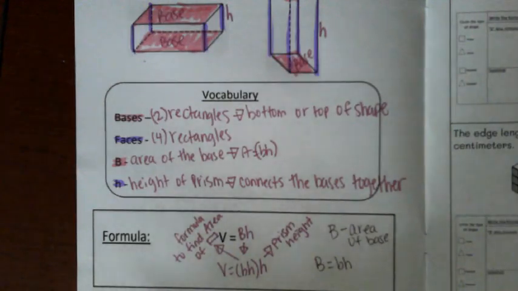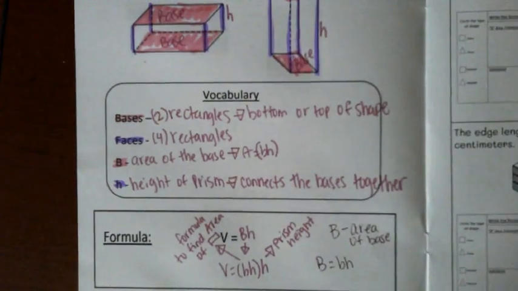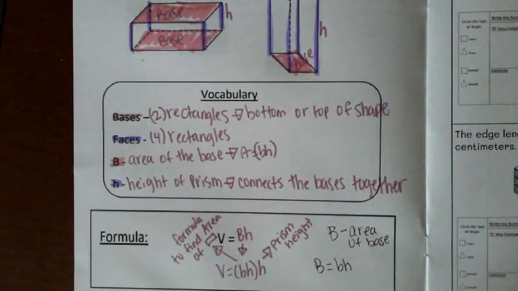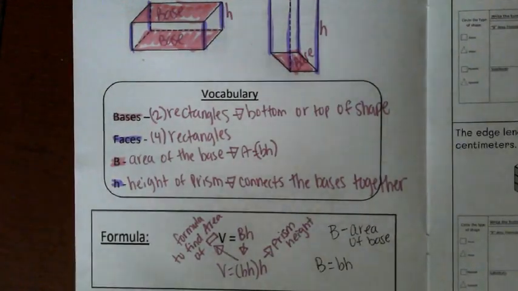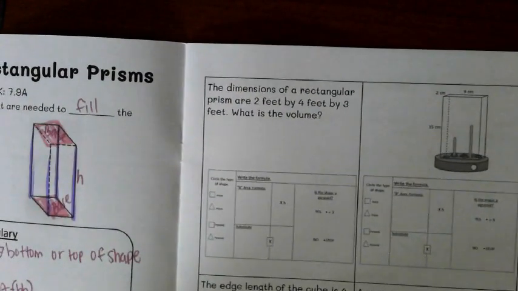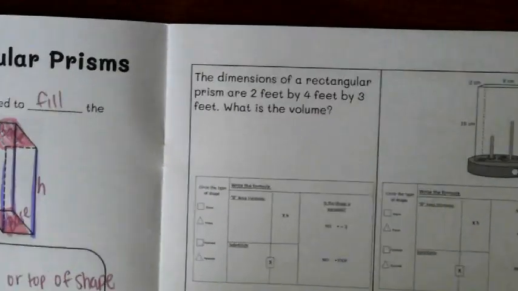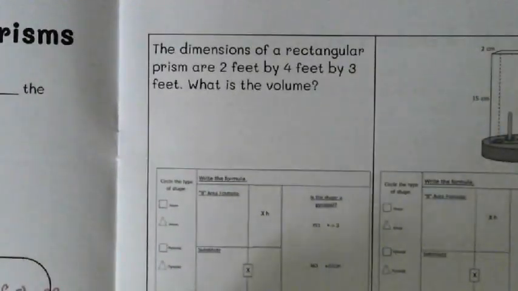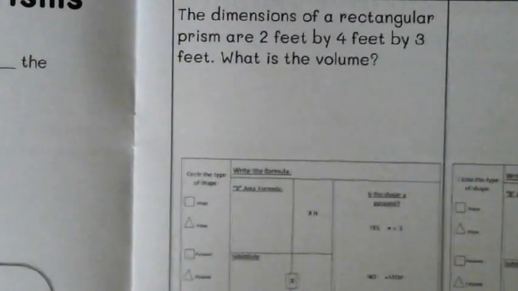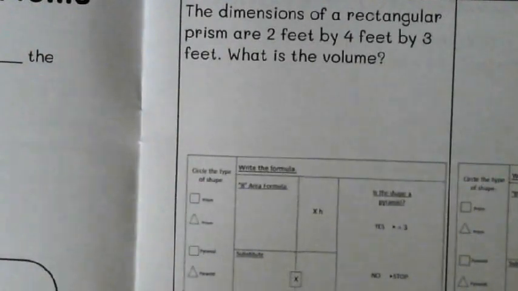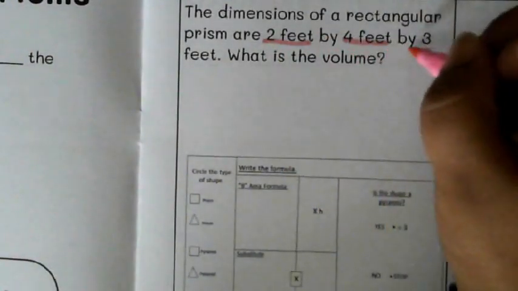All right, pause if you need to, and then we will go on to the next page, okay? I'm gonna go ahead and move on to the next page, so if you need to, go ahead and pause. Okay, we're here, and we have 4 examples that we're gonna go over, okay? So let's look at the first example. The first example is saying that the dimensions of a rectangular prism are 2 feet by 4 feet by 3 feet.